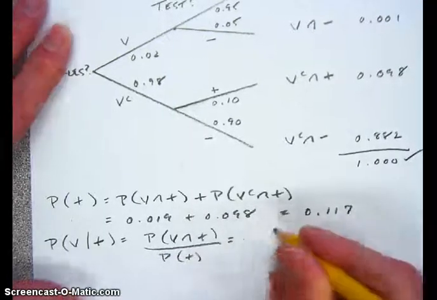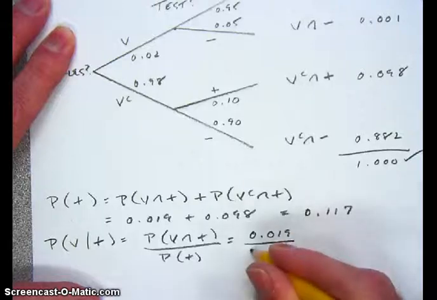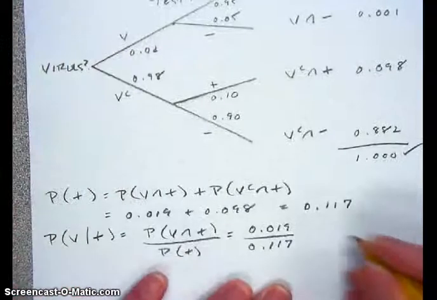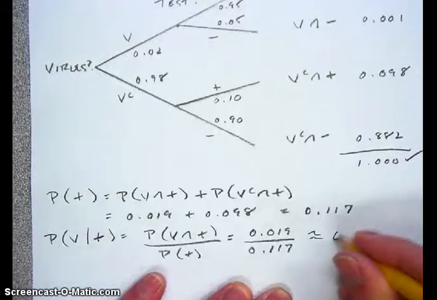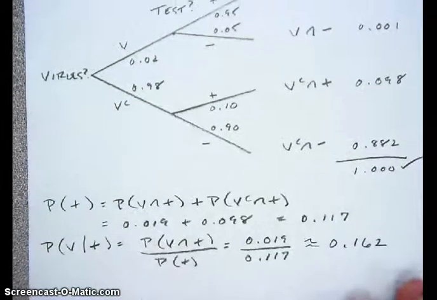That is 0.019 divided by 0.117, and that is approximately 0.162. So about 16% of the people who get positive test results actually have the virus, and about 84% of the people who get positive test results don't have the virus.